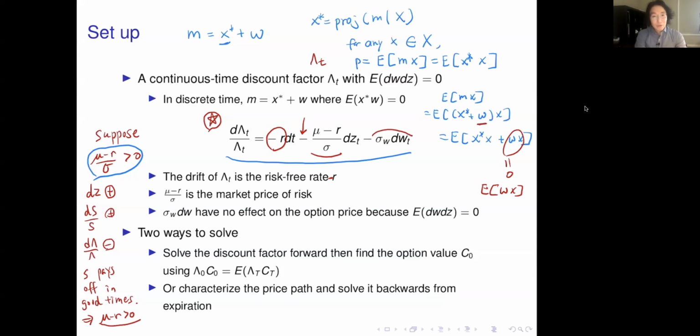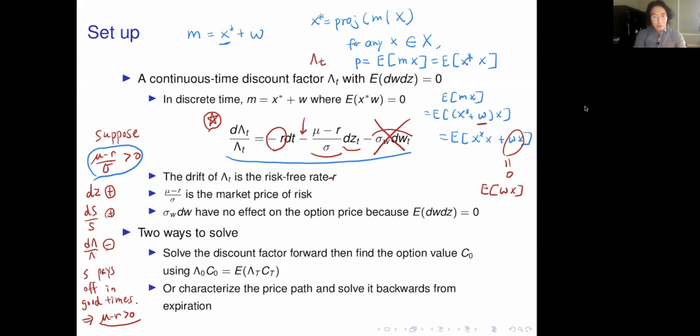So we can pretend that this doesn't exist. So the shock to the stochastic discount factor that is unrelated to the payoff space, we can just ignore. And we can pretend that this dz is the only source of uncertainty in the stochastic discount factor.